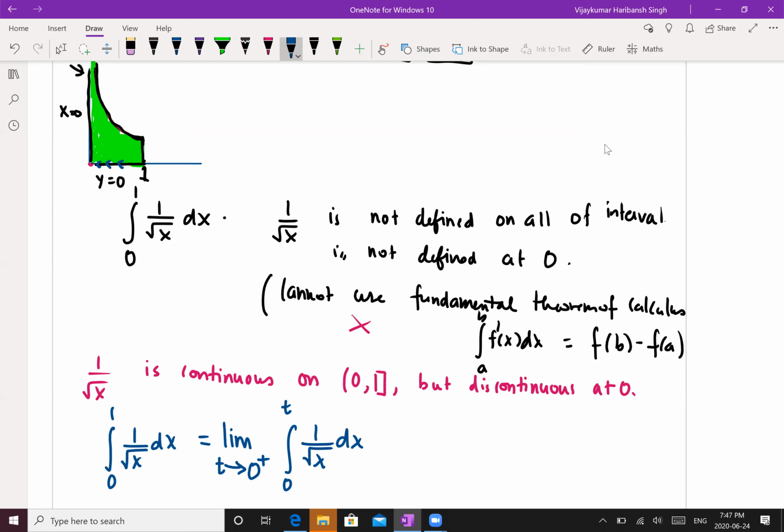Now this makes sense. Why? Because for every t, this integral is defined. So we can compute it now.